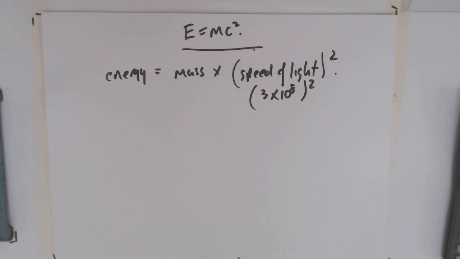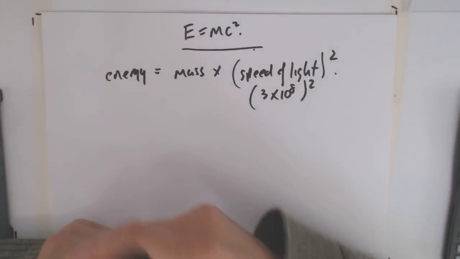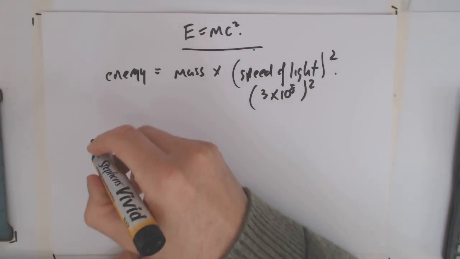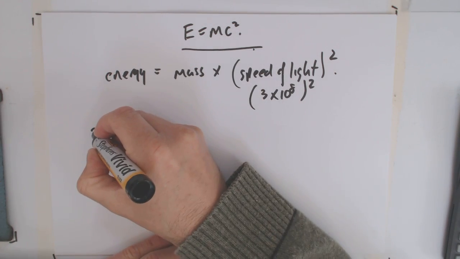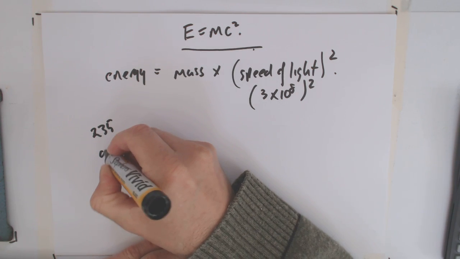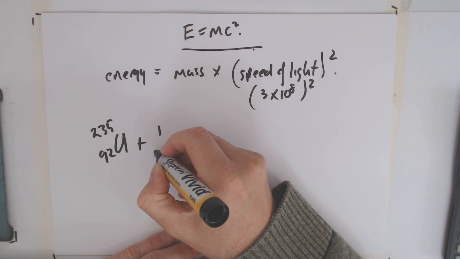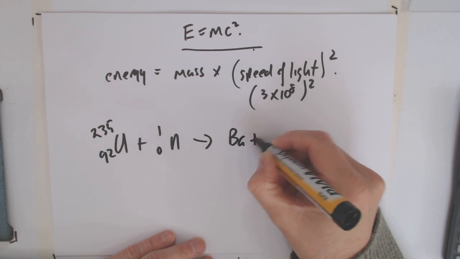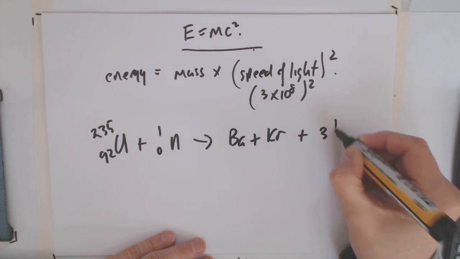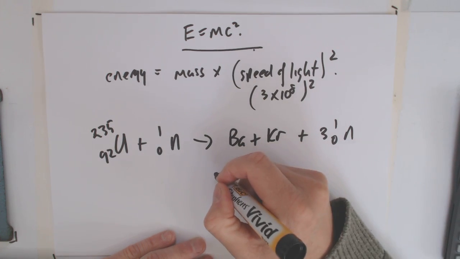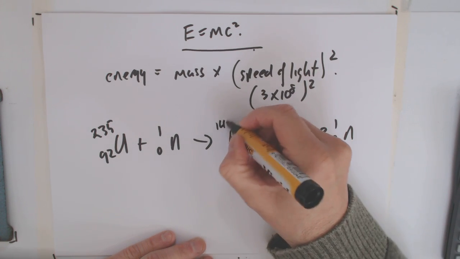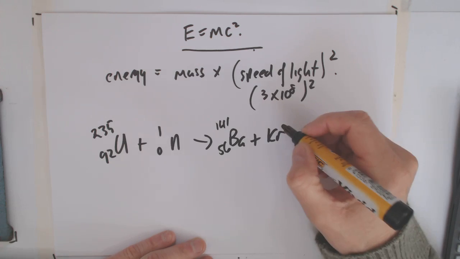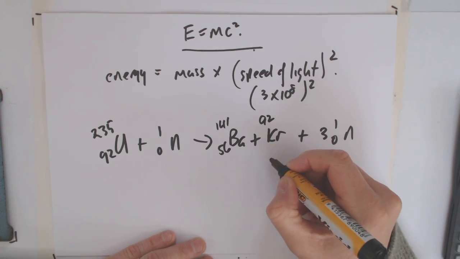What we actually do is, when we see some of these reactions we've looked at, like U235 92 plus 1 neutron goes to barium plus krypton plus 3 neutrons, and I'll put the numbers on just so that we've got them again.